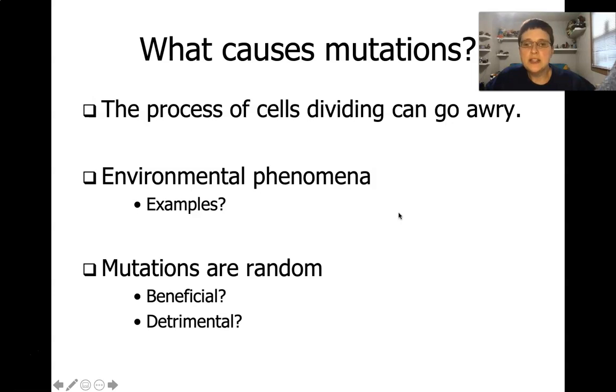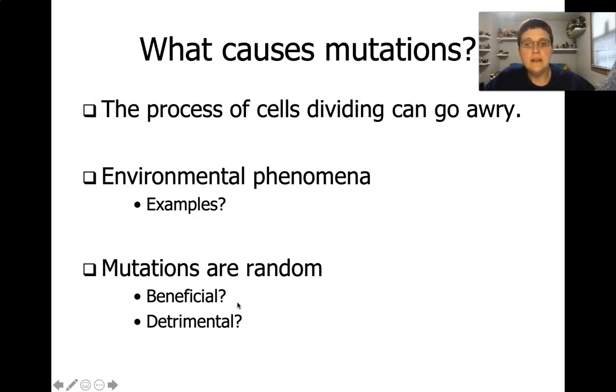So then the last question is, are mutations beneficial or detrimental? Because mutations are random. They don't care where they happen. And the answer is, it depends. It depends on where those mutations happen in the gene and how they change the gene.